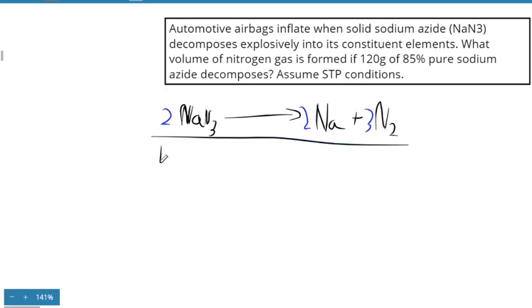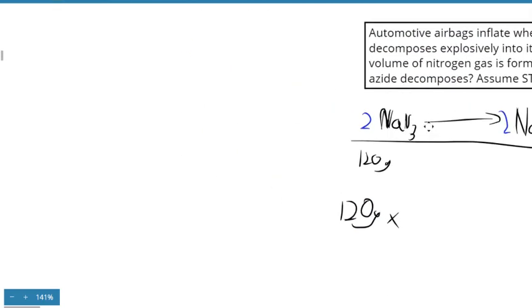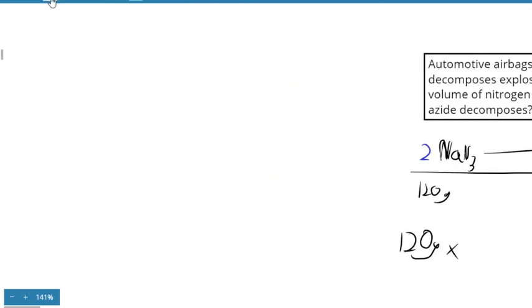let's write it underneath, 120 grams. So 120 grams, what we do with this is convert it into moles. So times NaN3, let's calculate that first. So let's make a grams per mole for NaN3, molar mass.